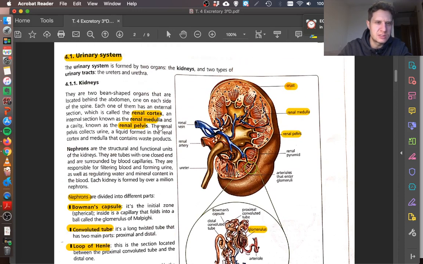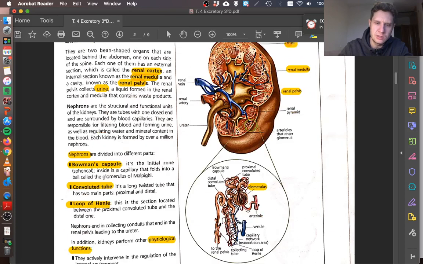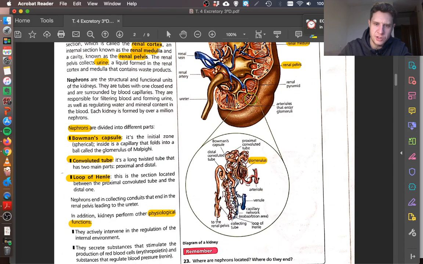Okay, so let's look at the internal cavity. The renal pelvis collects the urine, a liquid formed in the renal cortex and medulla that contains waste products. During all this there is the arteriole. The arteriole is giving blood and is sinuous, going in and going out.